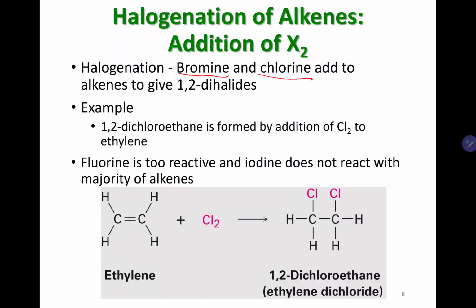If you don't remember the Markovnikov rule, according to it the hydrogens are going to go to the rich carbon, or the carbon with more hydrogens, and the remaining nucleophile is going to attach to the poor carbon, which means the carbon with fewer hydrogens.